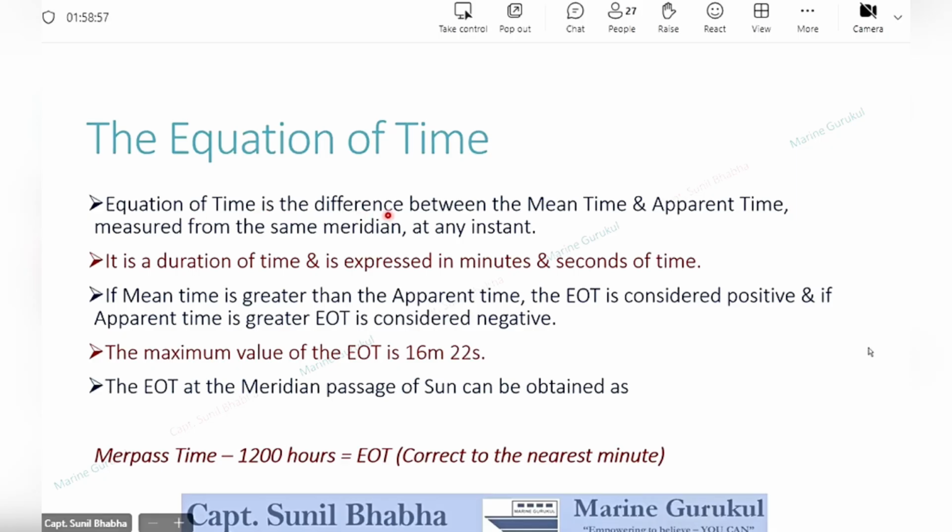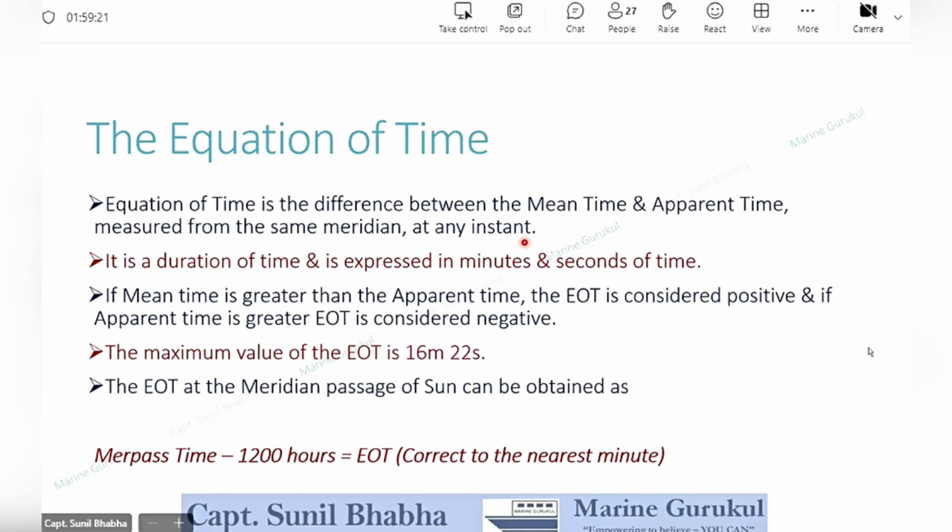Equation of time is the difference between the mean time and the apparent time measured from the same meridian at any particular instant. Basically, the equation of time tells us how far apart the mean sun and the true sun are. What is the time difference between the mean sun and the apparent sun?